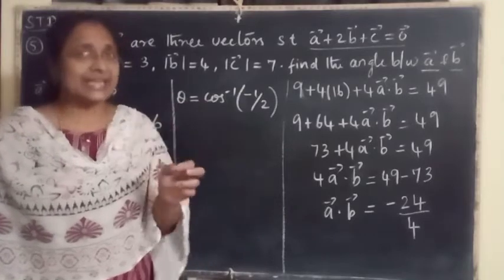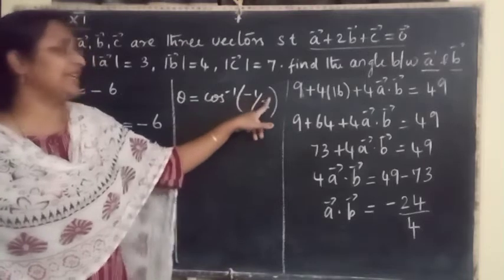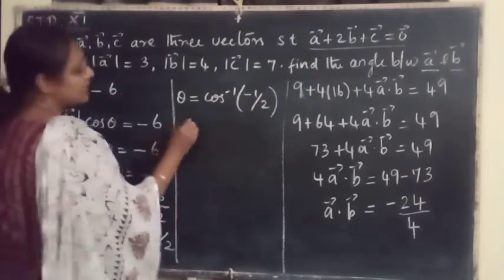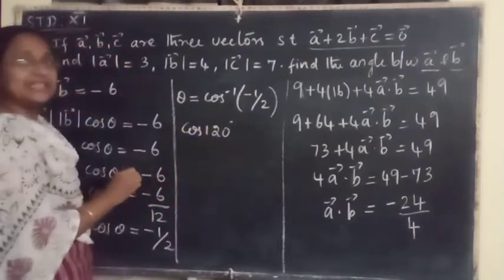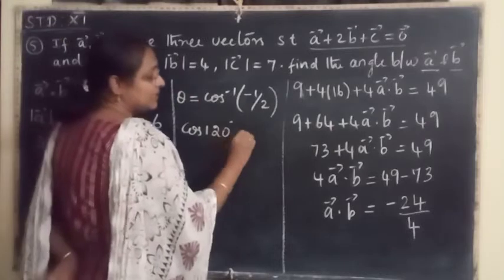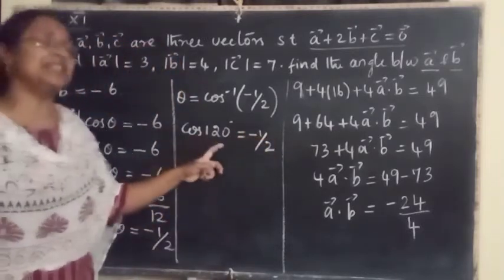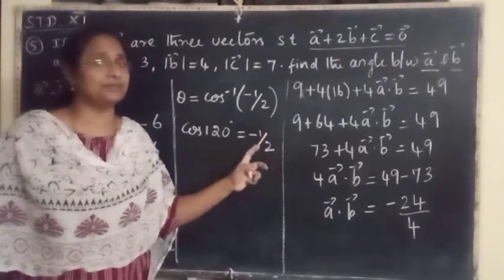You might not be familiar with cos inverse of minus 1 by 2. So now you memorize and keep: cos of 120 degree. For cos 120 degree, the value is how much? Minus 1 by 2. You have to memorize this.